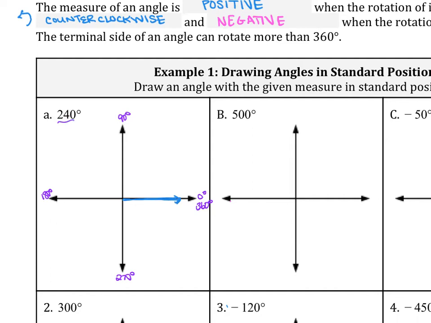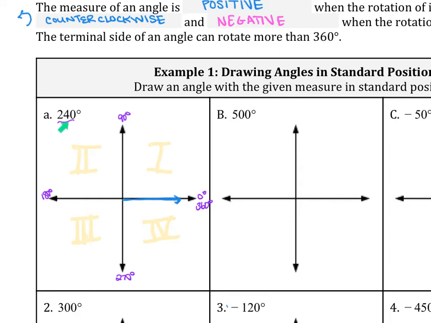Now, given this is 240 degrees, notice where we would end up. Just to remind you, quadrant 1 is here, quadrant 2 is here, quadrant 3 is here, and quadrant 4 is here. Okay, so if we were trying to find 240 degrees, we would end up somewhere in quadrant 3.